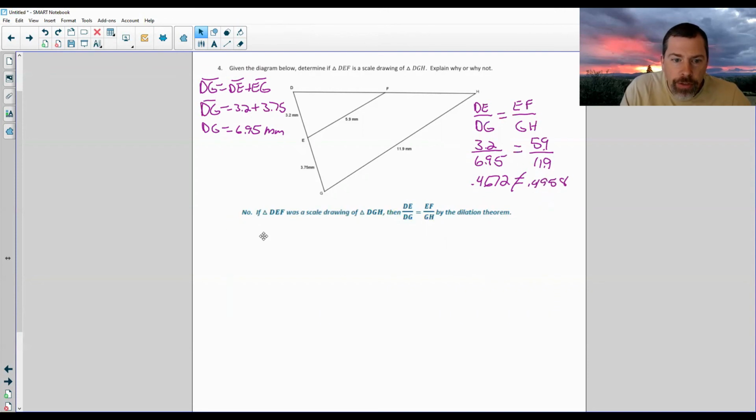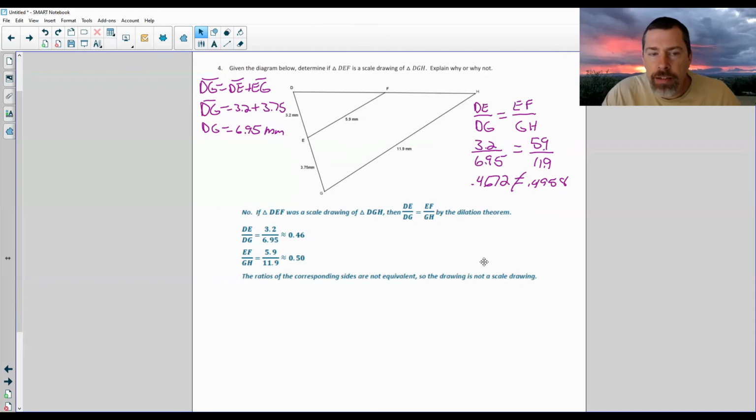So it said the answer is no. If triangle DEF was a scale drawing of the big triangle DGH, then DE over DG equals EF over GH, which I have just shown. And then they show their work. 3.2 over 6.95 equals about 0.47. And EF 5.9 over 11.9 comes out to be approximately 0.5. The ratios of the corresponding sides are not equivalent, so the drawing is not a scale drawing.